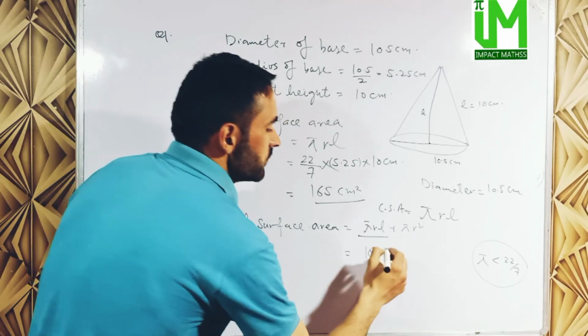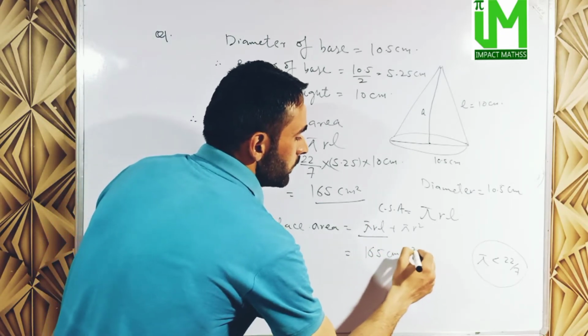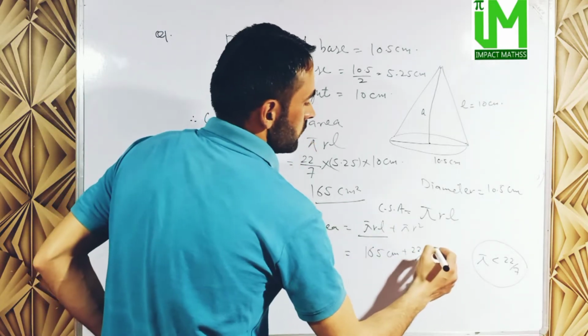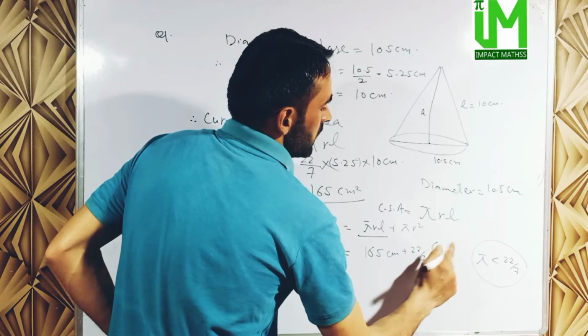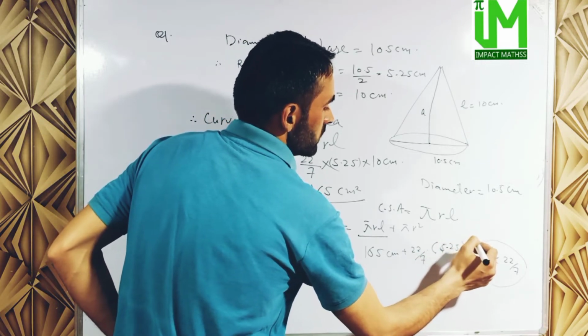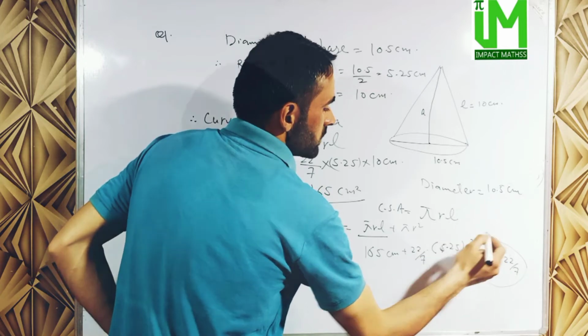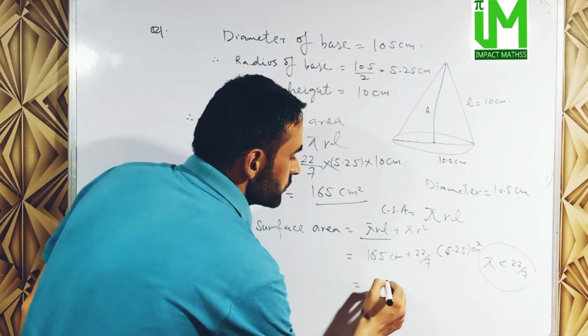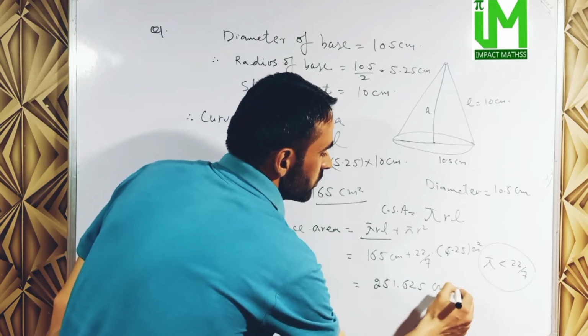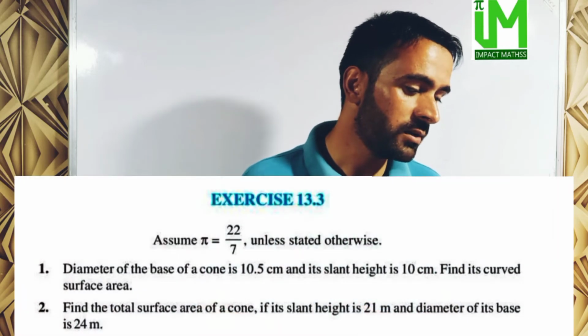So 165 centimeter square plus pi, value 22/7, into r square. The value of r is 5.25 centimeter square obviously. When we simplify, it will be 251.625 centimeter square.